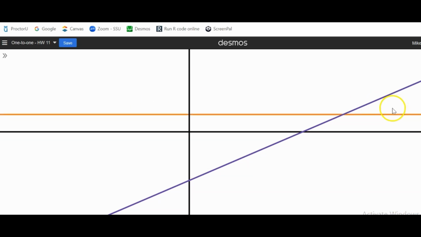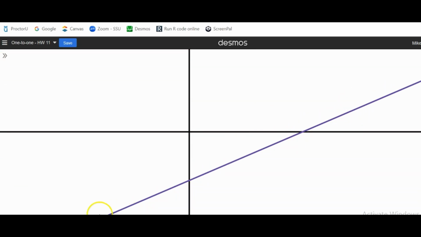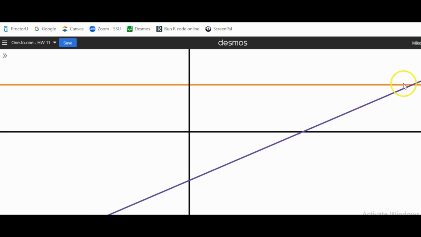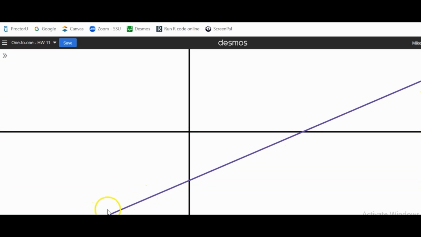Here is a linear function, and as we follow the horizontal line up and down, there is never a time that it is crossing over this linear function in more than one place. So this linear function is one-to-one.